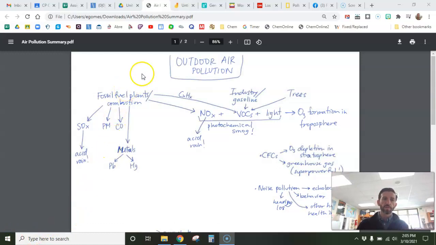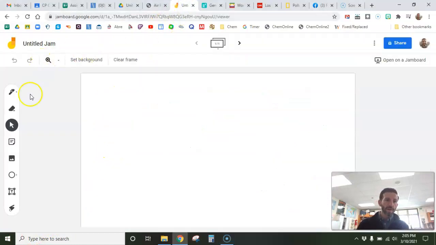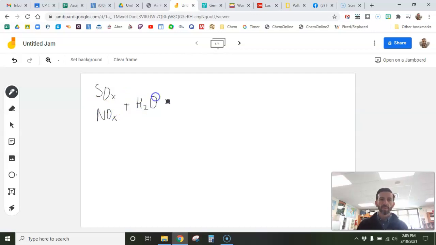Just as a quick refresher: acid rain is when you have the SOx and the NOx reacting with water through a series of reactions, and then you're getting sulfuric acid in the rain or nitric acid in the rain. And that causes all kinds of problems.